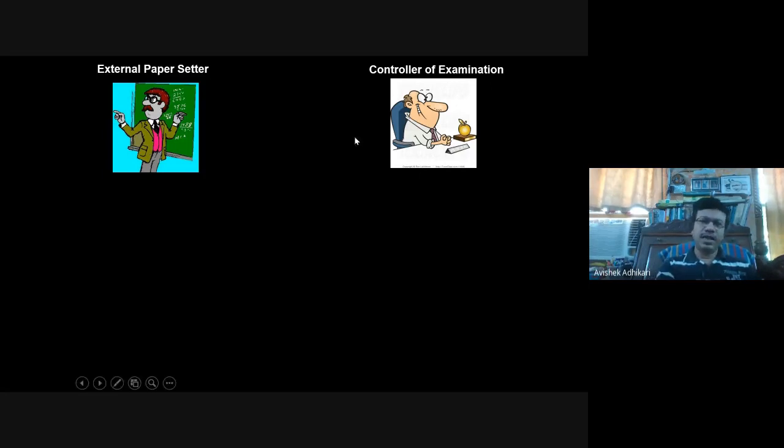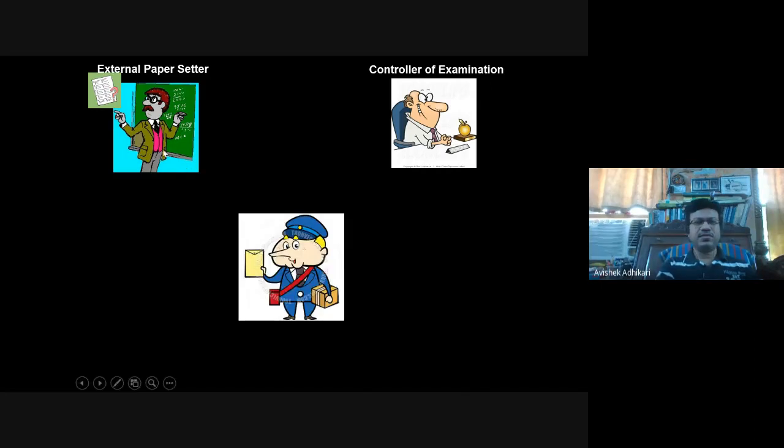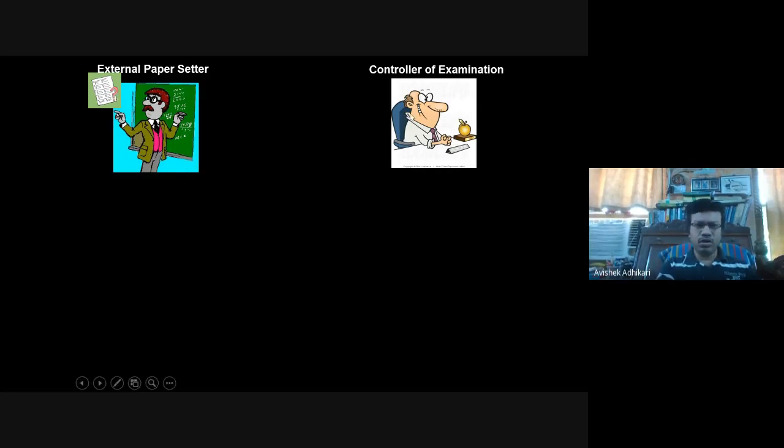Suppose the controller of examination wants the exam to happen in a very transparent way, so he appoints an external paper setter. As the external paper setter is not a faculty member of that university, he usually stays a little far off. The best thing is that he prepares a question paper, puts it into an envelope and gives the sealed envelope to the controller of examination personally.